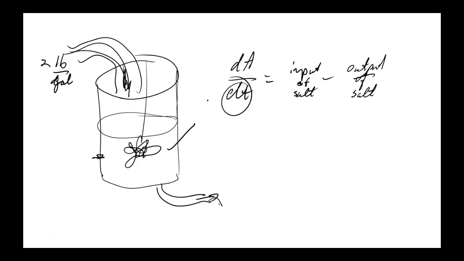Okay? And if your input rate was 3 gallons per minute, then that would be 6 pounds per minute as your input of salt. It's crazy to think that a gallon of water could dissolve 2 pounds of salt. Yeah.